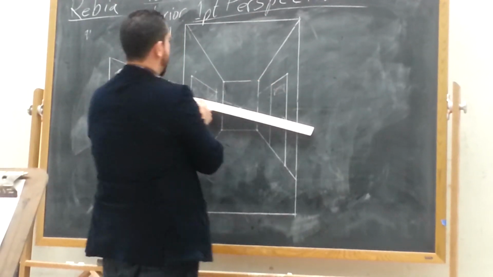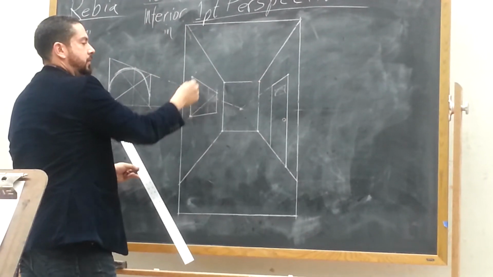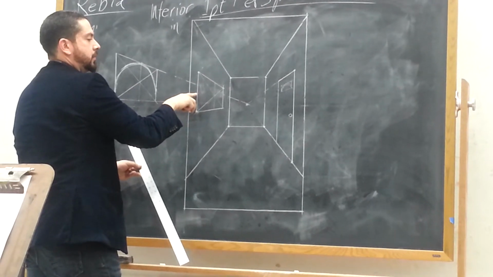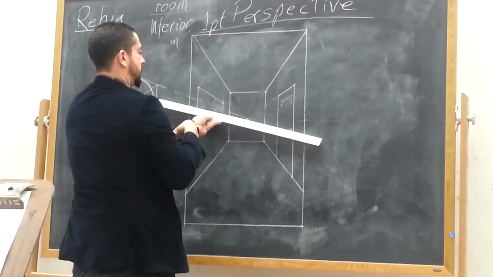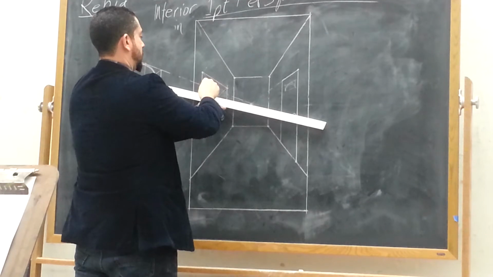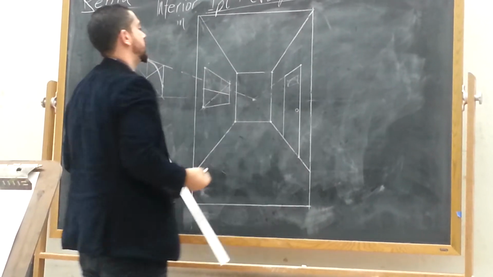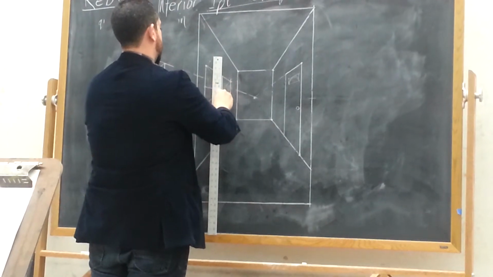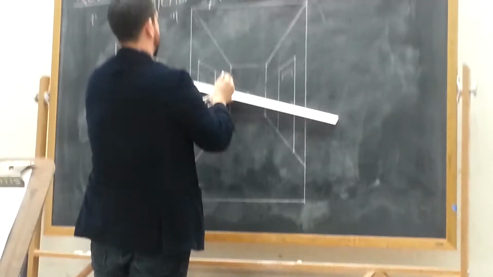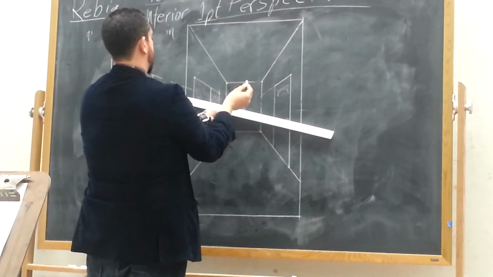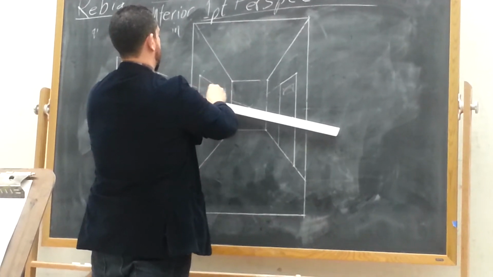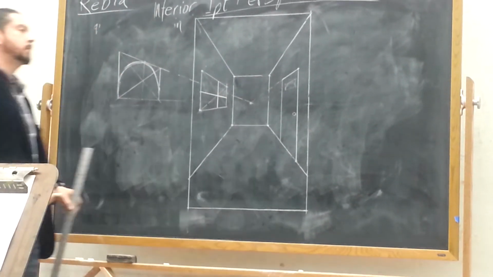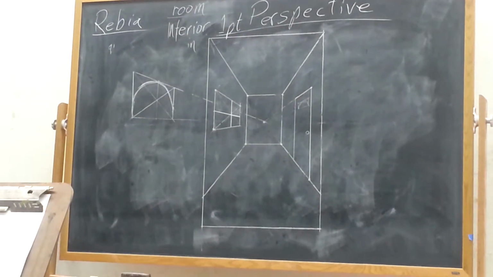So lining this point in the middle with the vanishing point. Okay.